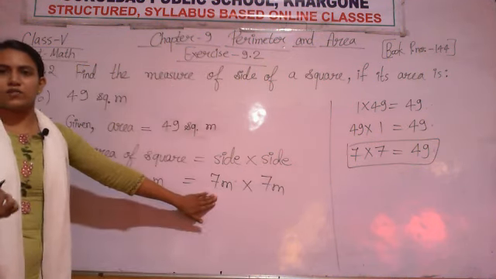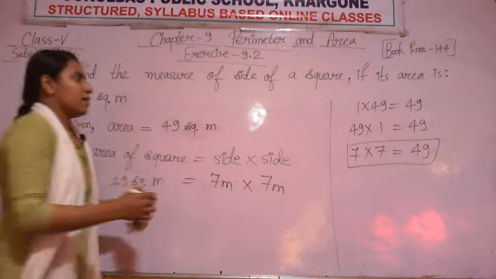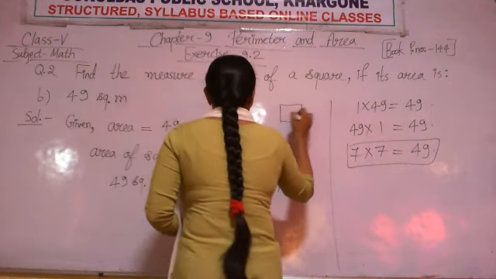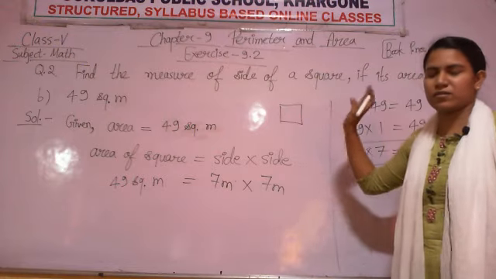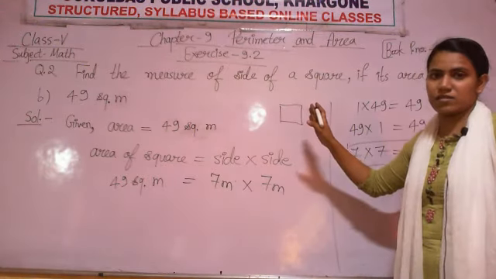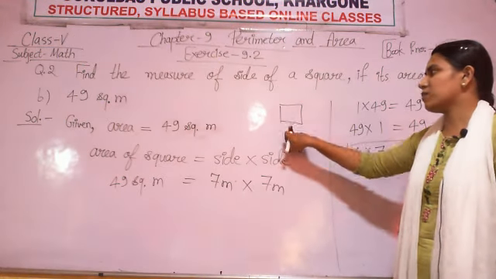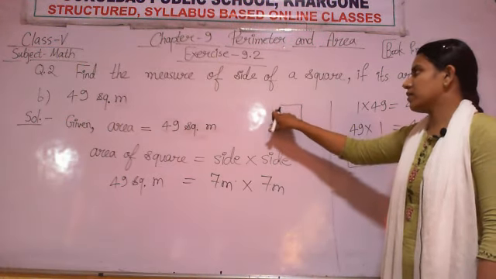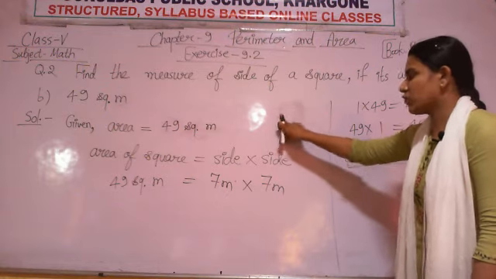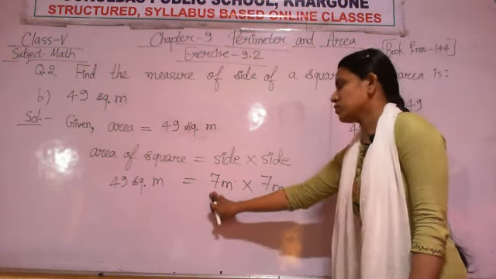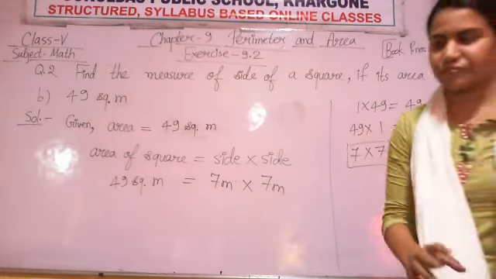Why did I choose 7 into 7? Because in a square, length and breadth are of the same dimension, so I use 7 into 7.